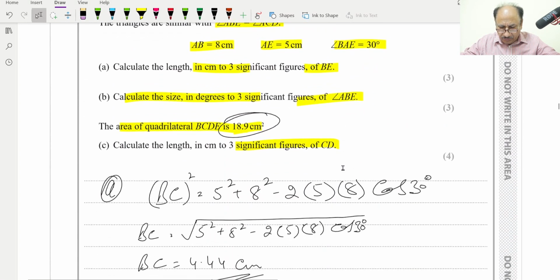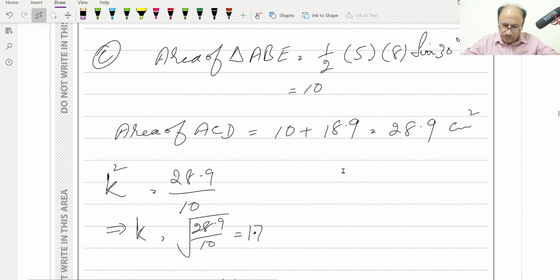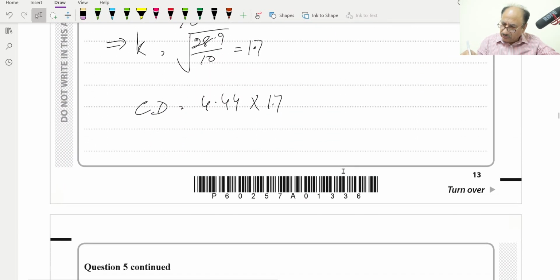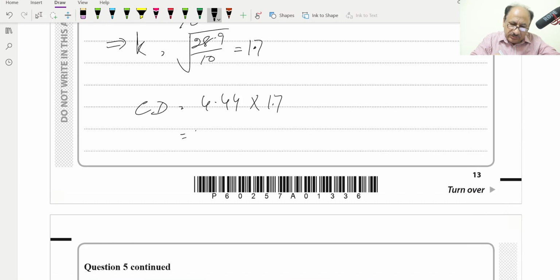We can check this on the calculator: 1.7 multiplied by 4.44 is equal to 7.548, and up to three significant figures, 7.55 centimeters.